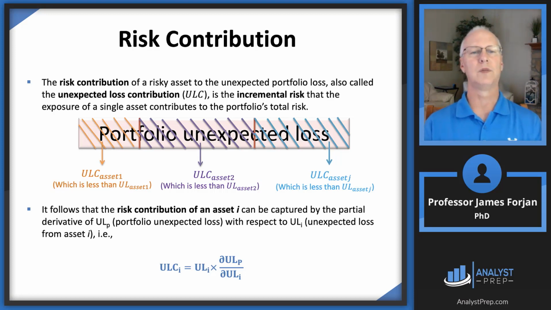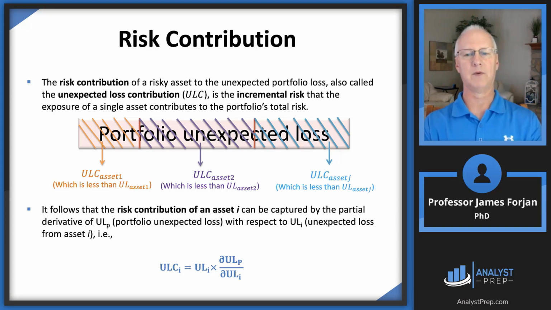All right, so this is called the unexpected loss contribution, and the portfolio unexpected loss contribution can be broken into some components: the unexpected loss contribution of asset 1, and then asset 2, and then asset 3. And then what we can do is we can use our knowledge of mathematics and calculus to measure sensitivities.